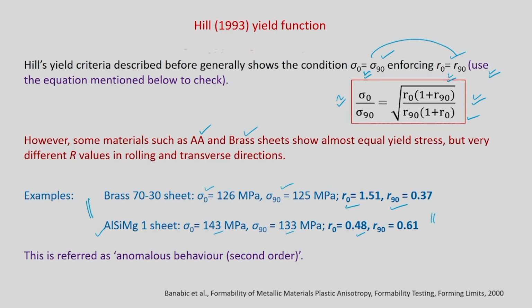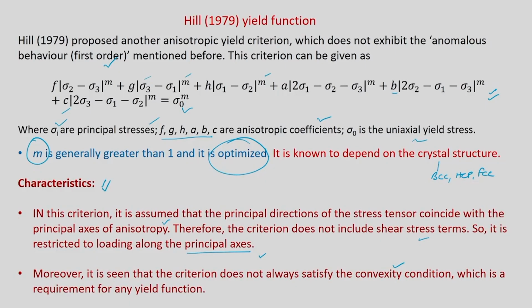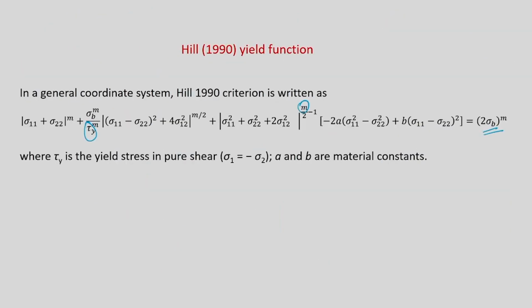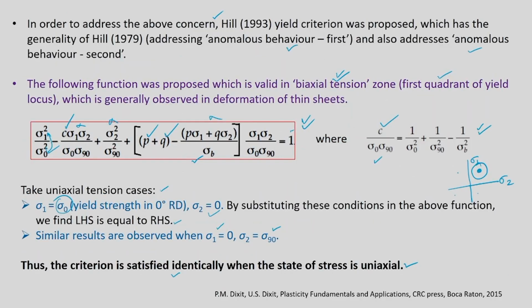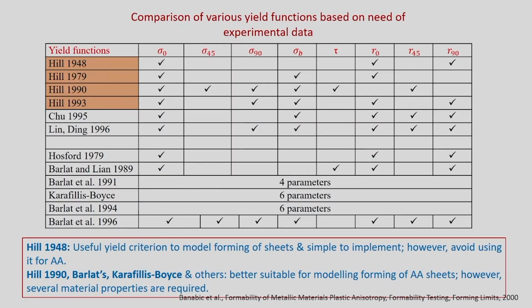Before 1993, Hill 1979 also can be used, but it can address only the first anomalous behavior. But the second one, 1993, addresses both. Fine. So I am stopping here with respect to yield function discussion.